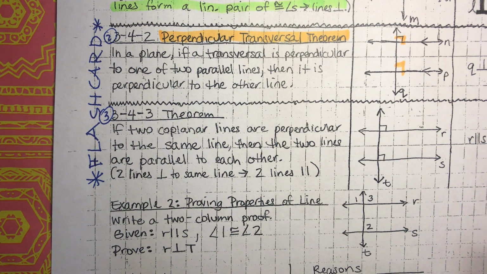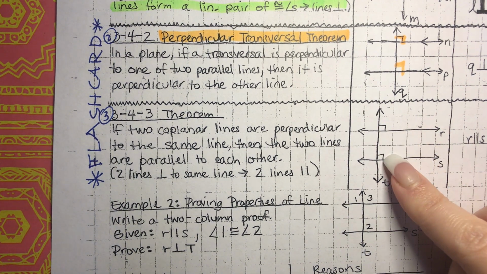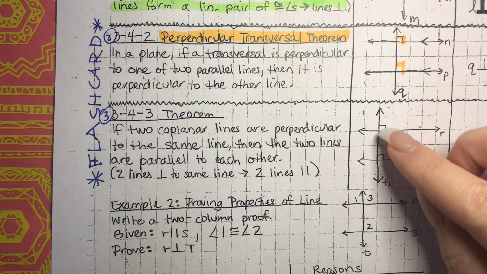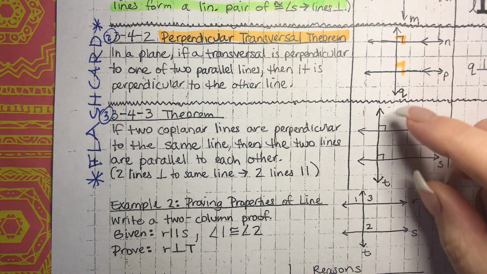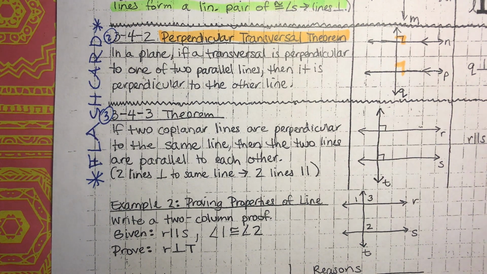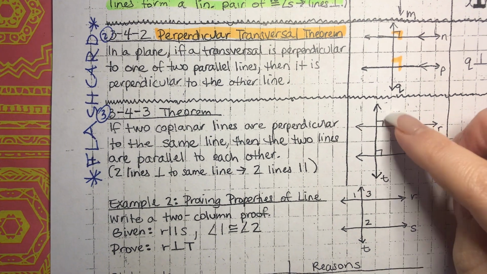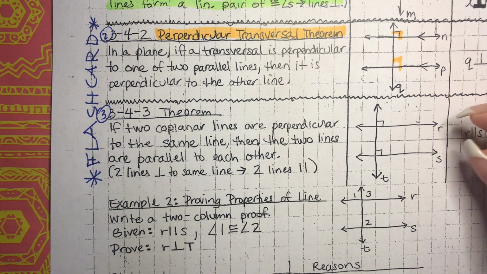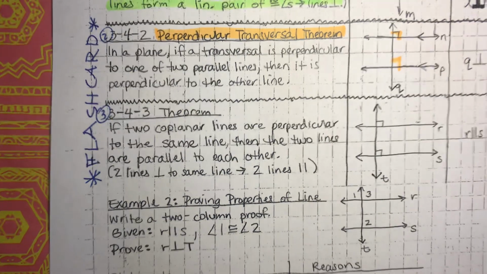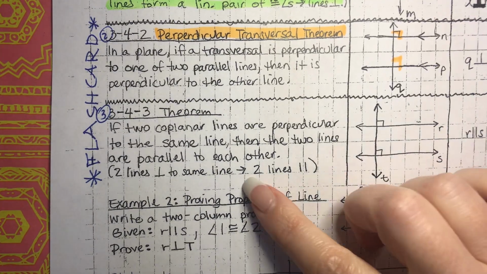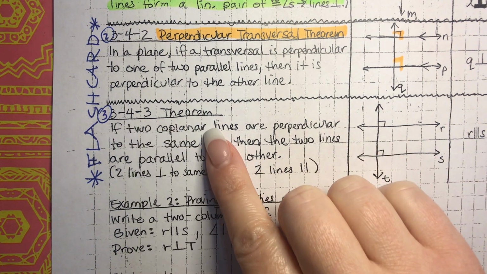If this is 90 degrees and this is 90 degrees, we just went over all that converse stuff, right? And they're corresponding angles. So 90 and 90, they're the same. Then by the converse of the corresponding angles postulate, we know that R and S are parallel to each other. So this is the 3.4.3 theorem.